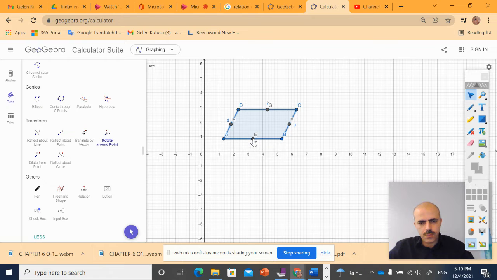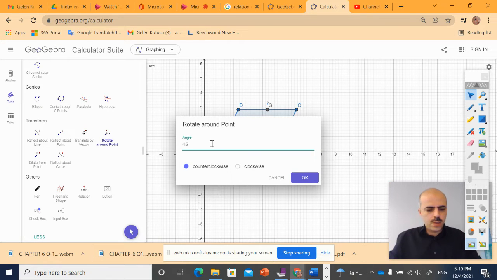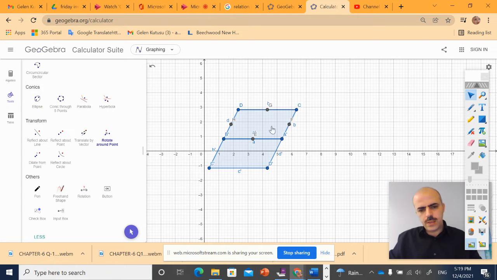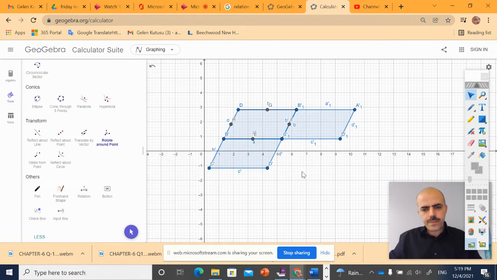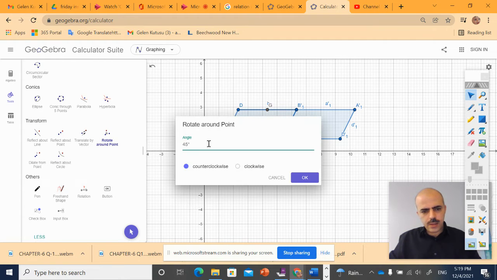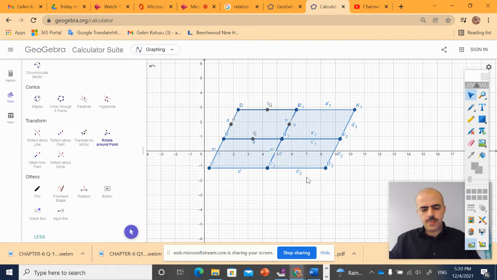I'm rotating around point E. So the rotation will be 180 degrees. So it will come like this. And likewise, this one, if I rotate here, it will be 180 degrees. And likewise, this one, if I want to rotate here with 180 degrees, it will come here.